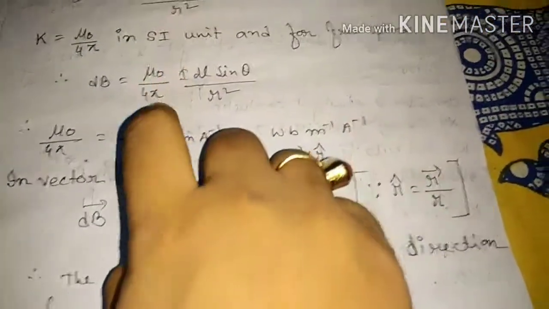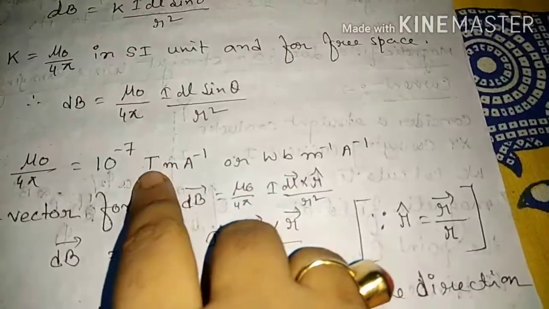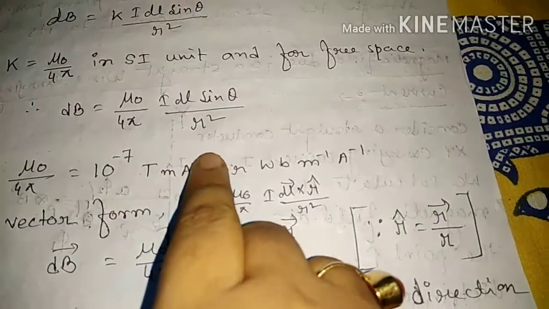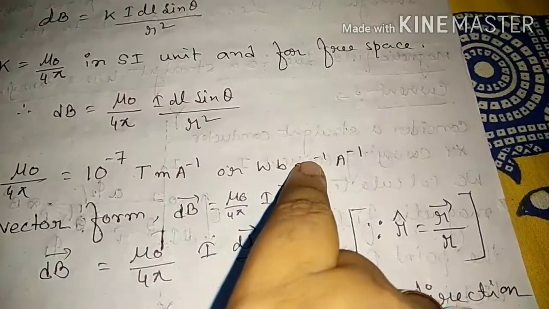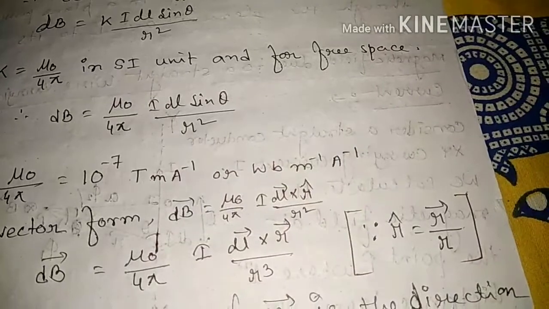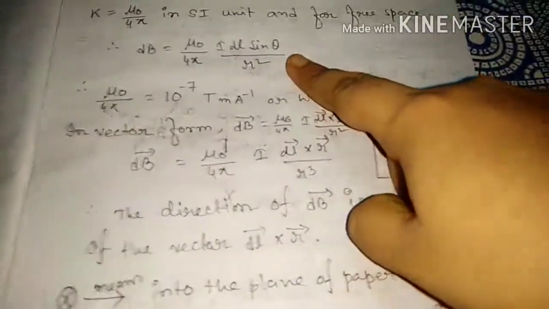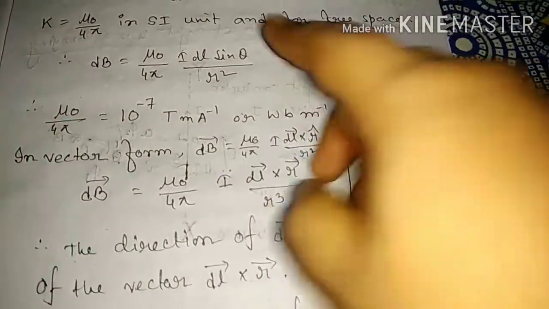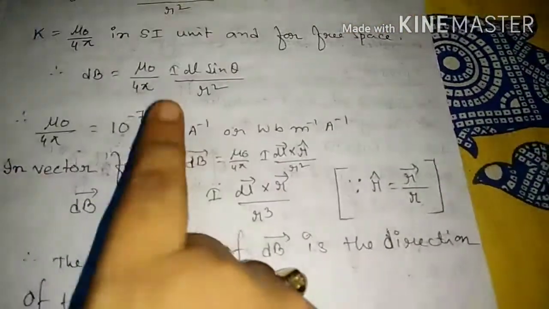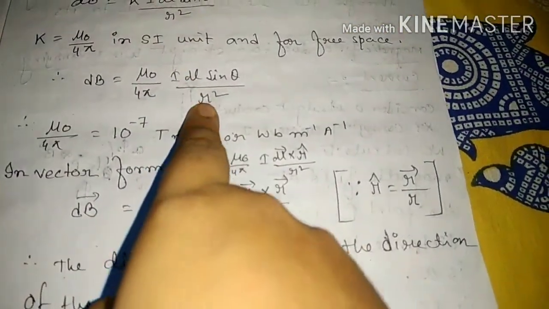And the value of mu 0 by 4 pi is 10 to the power minus 7 Tesla meter per ampere, or Weber meter inverse ampere inverse. Okay. Now if we write this equation in vector form, the two vector quantities are dl and r. Sine theta appears when the cross product is there.